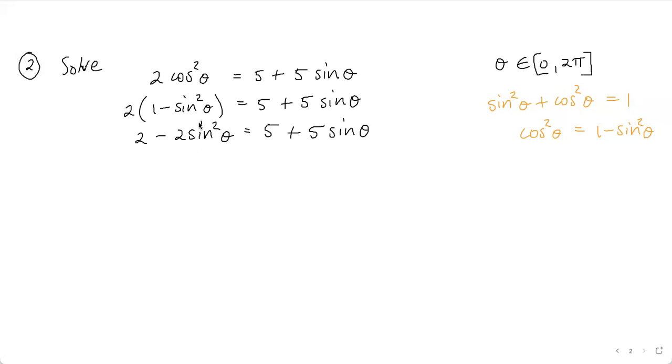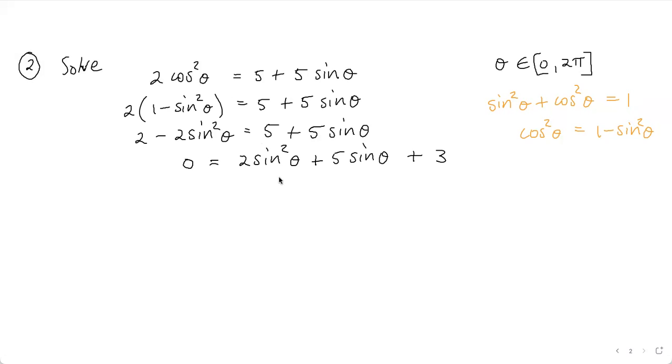So this is negative, so I'll bring everything over the right-hand side. So that's going to come over as 2 sine squared theta. Then I'm going to put my plus 5 sine theta. Now I've got 5 here, and this would come over as minus 2, so that simplifies to 3.